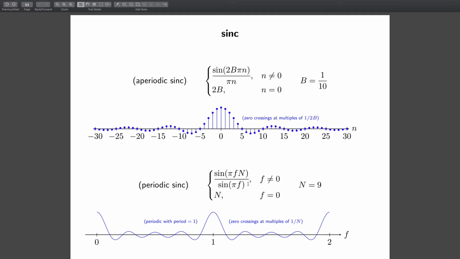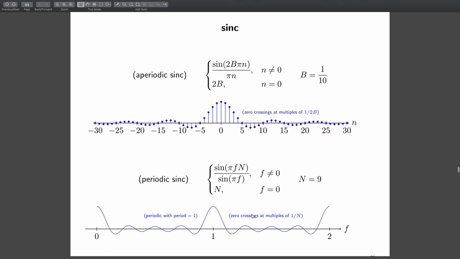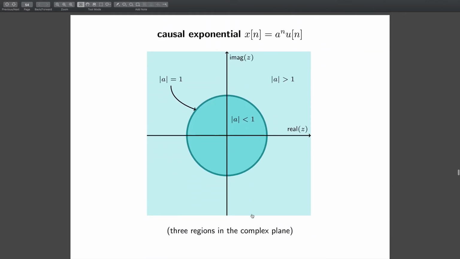You can see that it repeats here every integer. And at time 0, or at the integers, it takes on the value n, which comes from the argument of the sinc function in the numerator. So those are two functions that we will encounter later in this course.